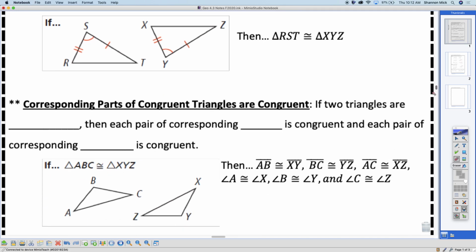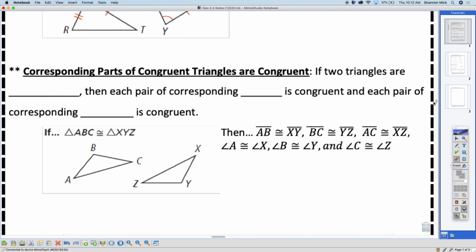Okay, so down here, we're going to look at our pictures again. See this picture? If triangle ABC is congruent to triangle XYZ, if that is true, that means that segment AB is congruent to what? XY.